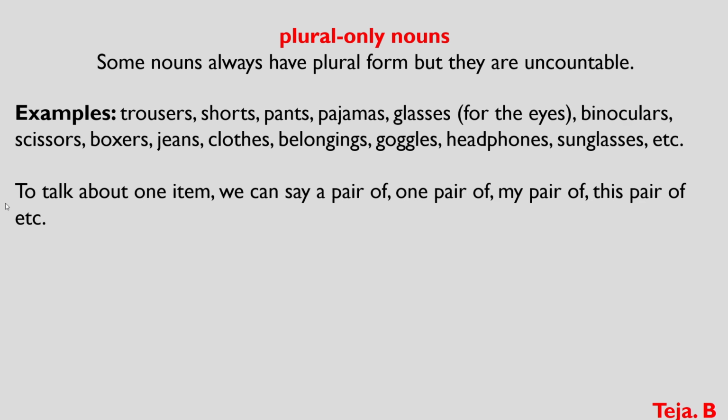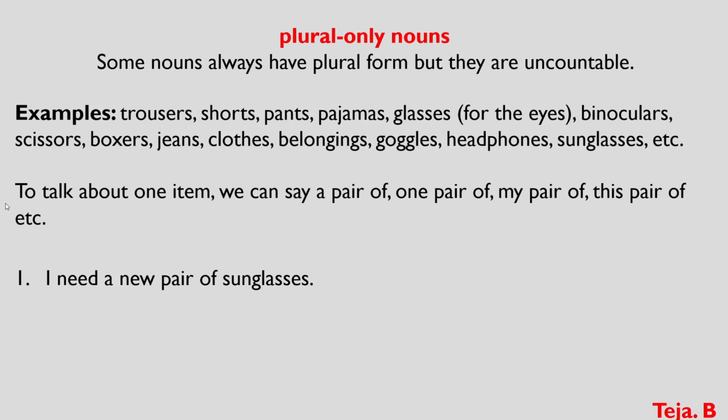Next, to talk about one item, we can say a pair of, one pair of, my pair of, this pair of. These are nouns which are always plural, but we can make them singular by using one pair, a pair, this pair, my pair. Let's see.